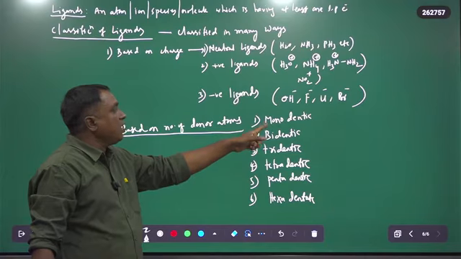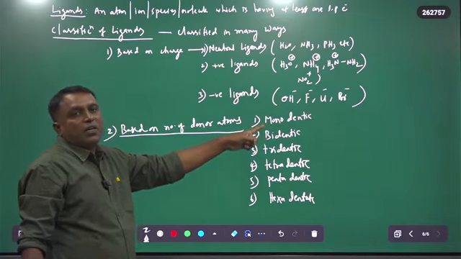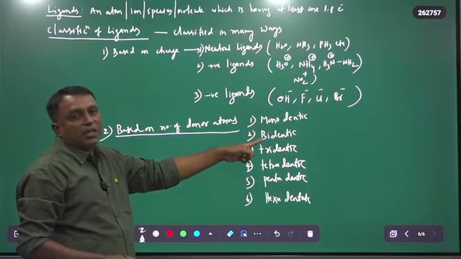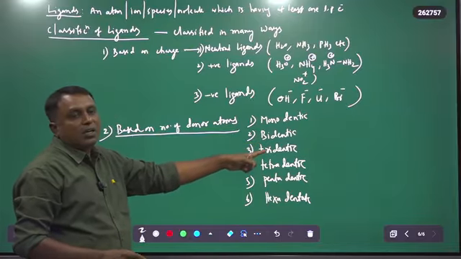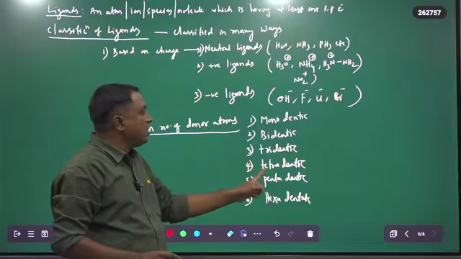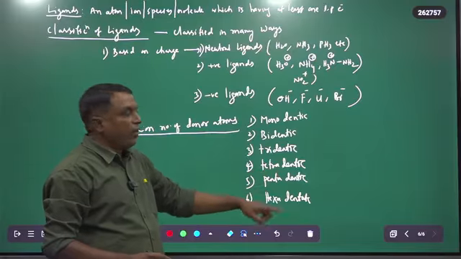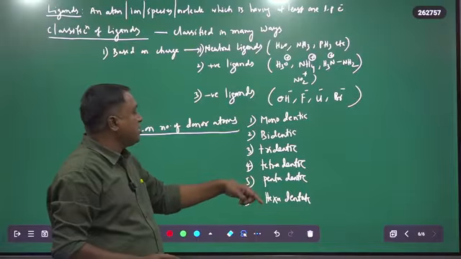Monodentate ligands can donate one electron pair, whereas bidentate ligands can donate 2 electron pairs. Tridentate ligands can donate 3 lone pairs. Tetradentate ligands can donate 4 electron pairs, they have 4 donor sites.